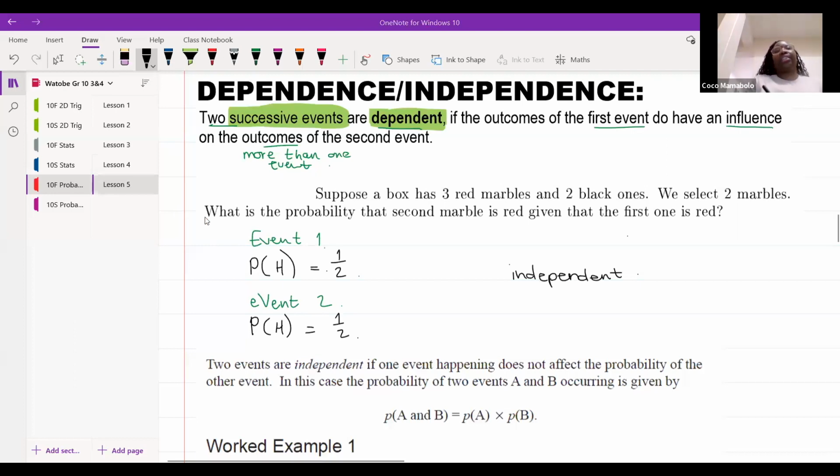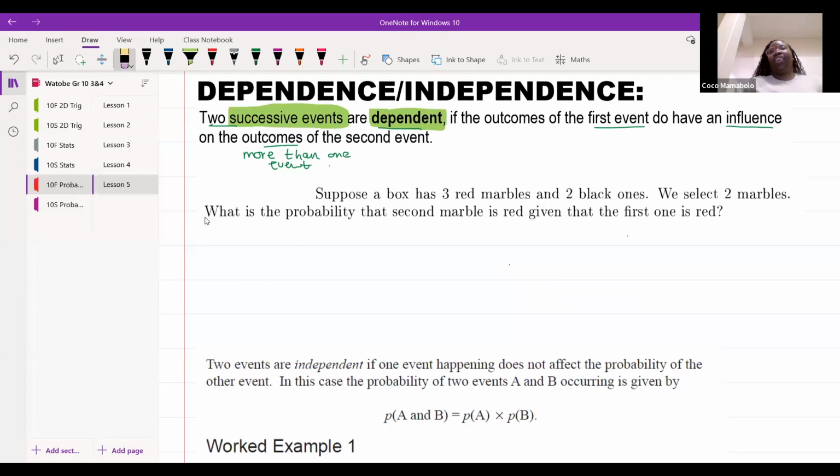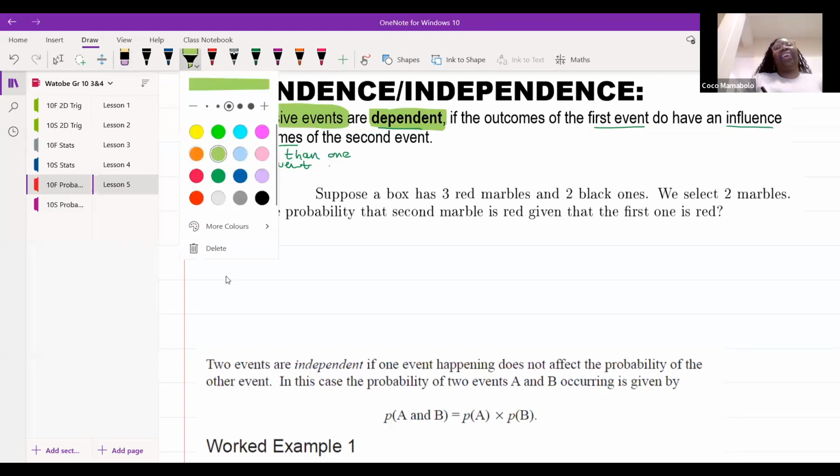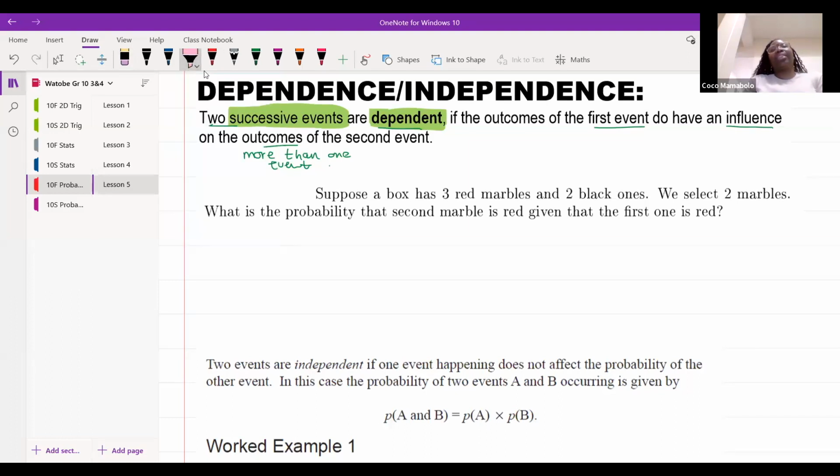Beautiful. All right, let's start with this example that we have over here. Okay, let's read this question that they've given me. This question says, suppose there is a box that has 3 red marbles and 2 black marbles.